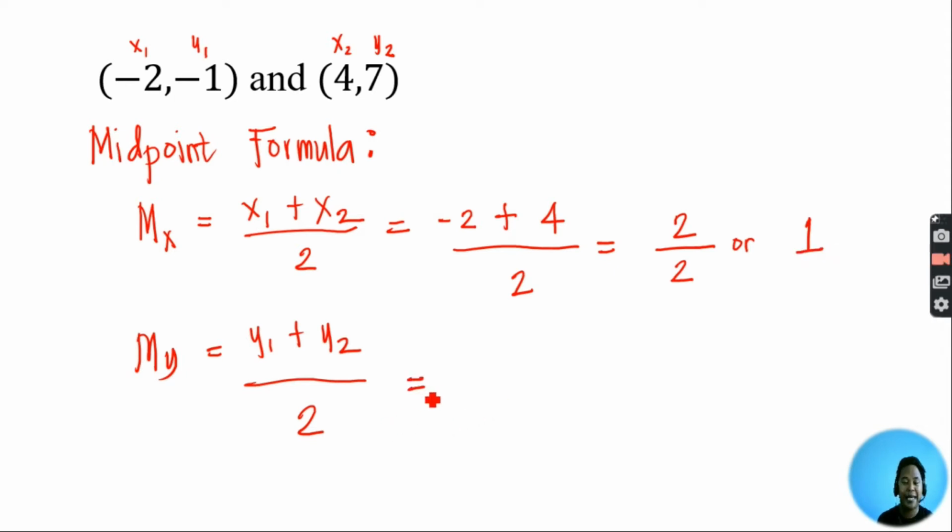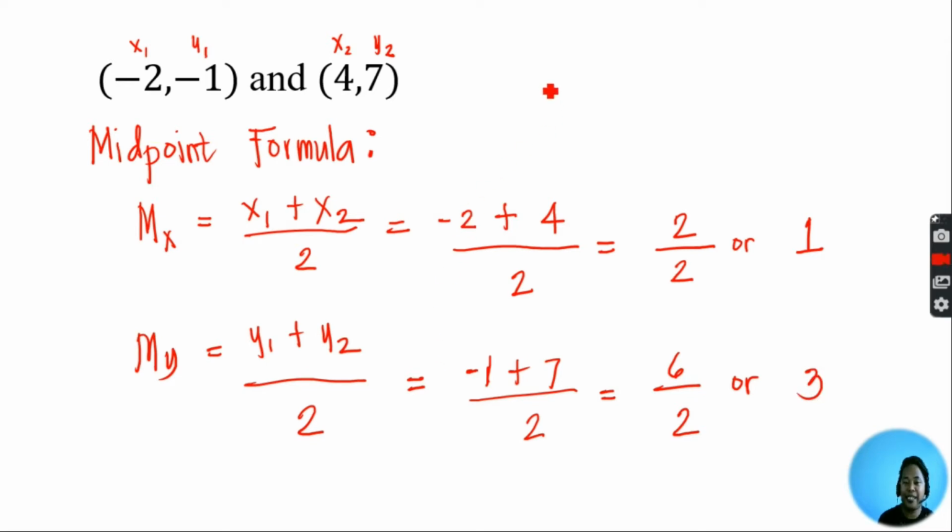And for the coordinate of y for our midpoint, we have y sub 1, -1, and y sub 2 is 7, all over 2. So -1 plus 7 all over 2 is 6 over 2, or 3.